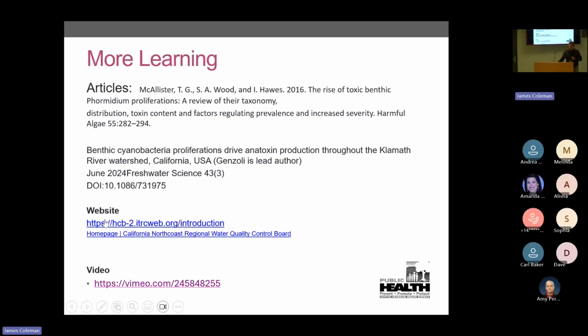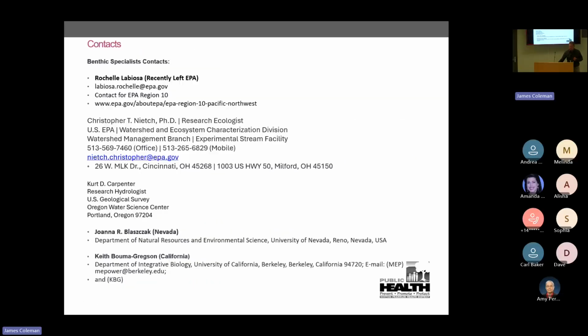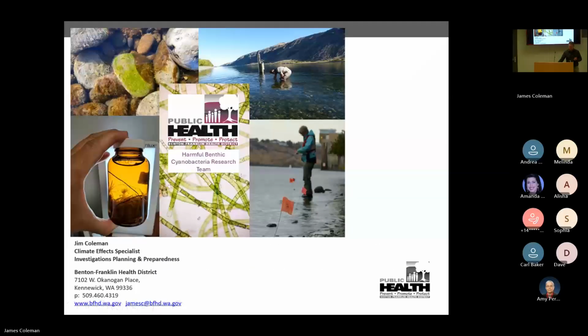This website that I've included is from the organization down in California that's done a lot of great research on the benthic algae. And then here I have some contacts of a couple of folks at EPA that have done some work here, and some researchers at USGS. And I think I'll stop there and let people ask questions if they do.